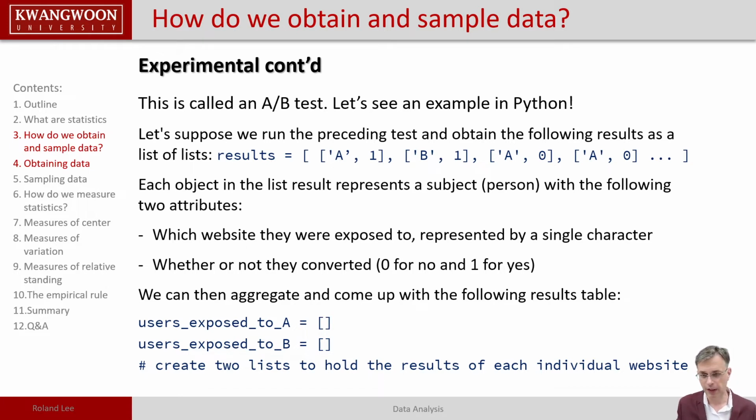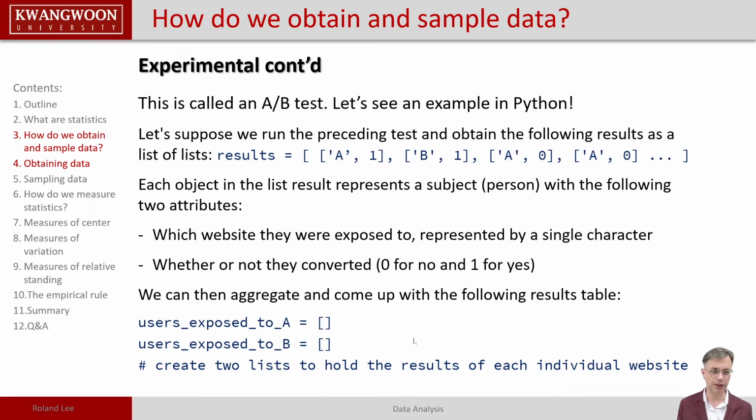Anyway, if we get back here, each object in the list result represents a subject person, and each person has the following two attributes: which website they were exposed to, represented by a single character, and whether or not they converted, so 0 for no and 1 for yes. We can then aggregate and come up with the following result.